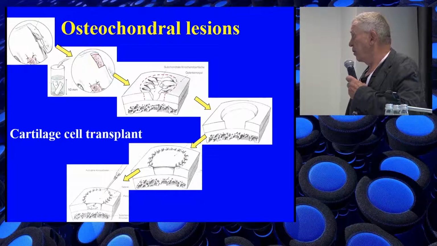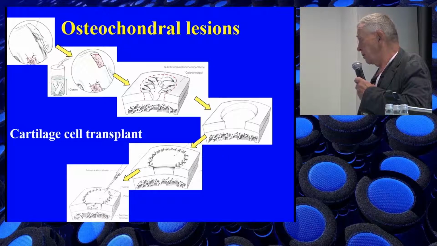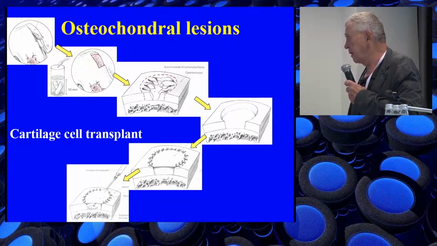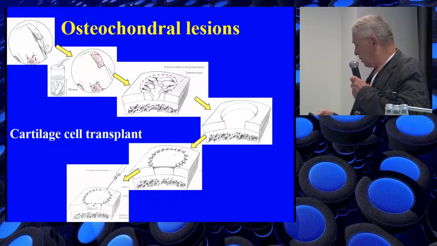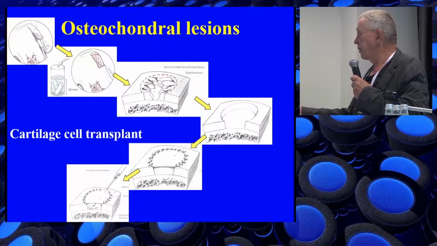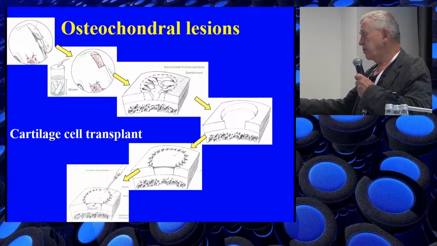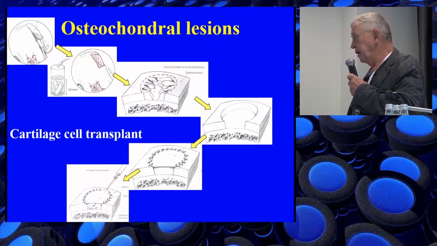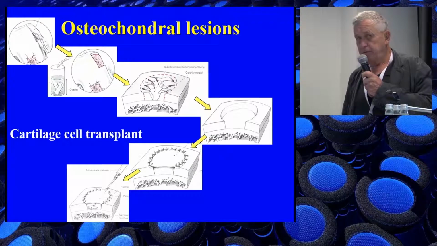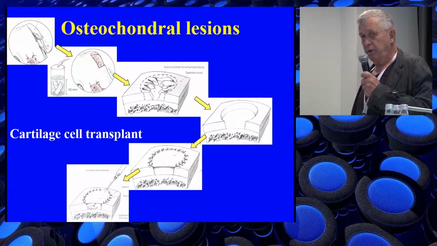But in Gothenburg we also tried this cartilage cell transplant since many years back, where we use cartilage cells from the knee. We do an arthroscopy, take out some cartilage from the knee, and then we culture it in a fluid medium.